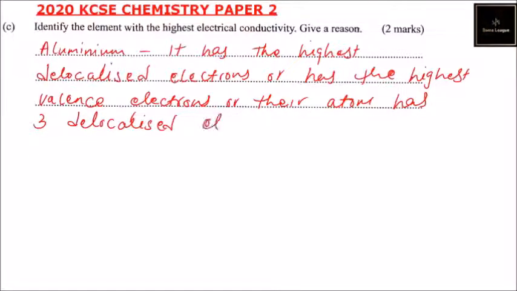So that's the reason. You can either state it has the highest delocalized electrons, or you can say it has the highest valence electrons, or you can say the atom has 3 delocalized electrons. So that's how you answer that question.